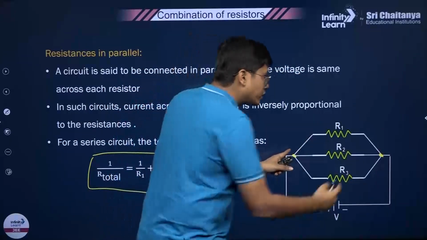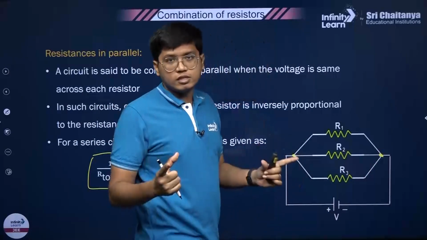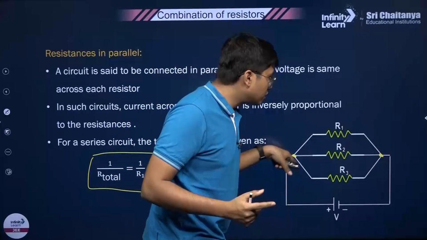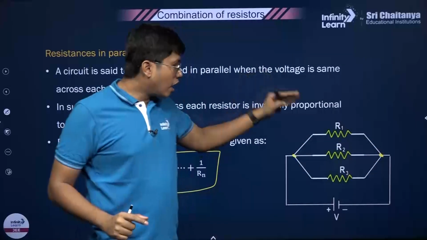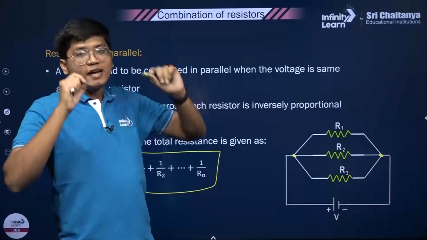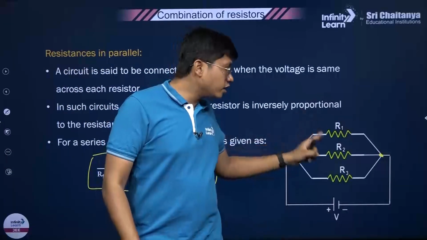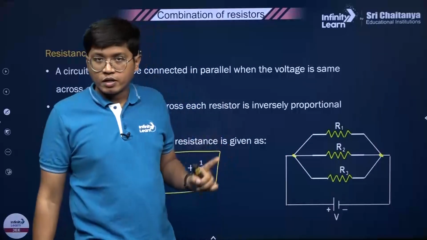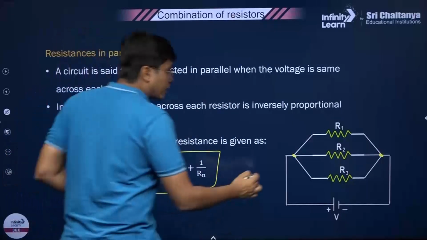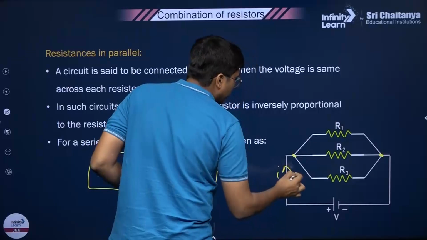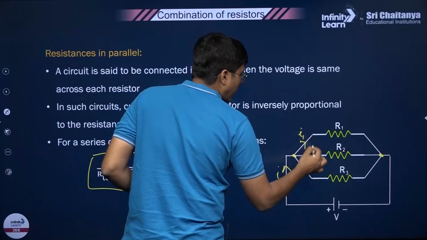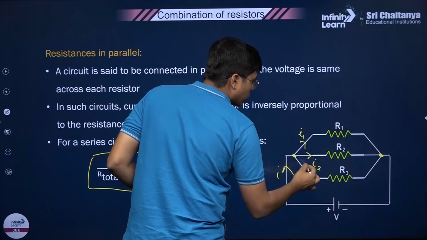So as long as the points are this and this, the potential difference is the same, whether you go by this path or this path. So in R1, R2 and R3, since they are connected across the same potentials, the potential difference across each of them will be the same. What will be different here? The current would be different. So if current I comes in, it would split up into I1, I2 and I3.